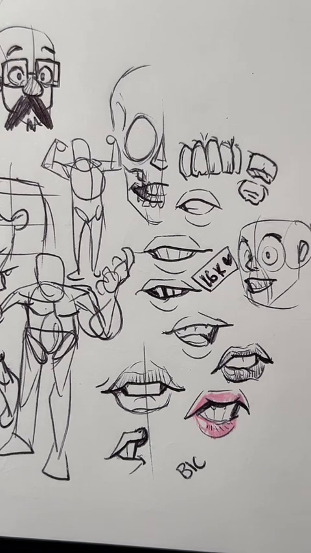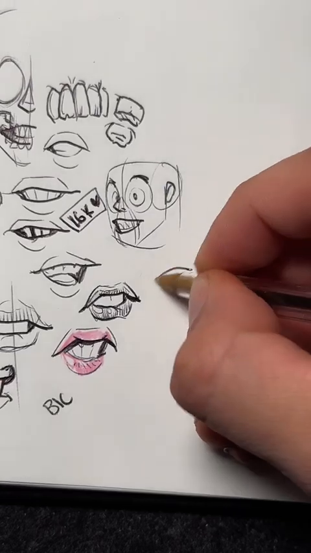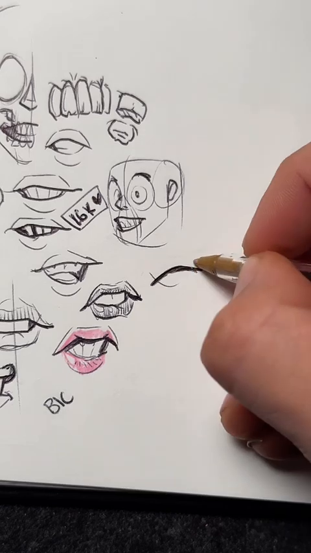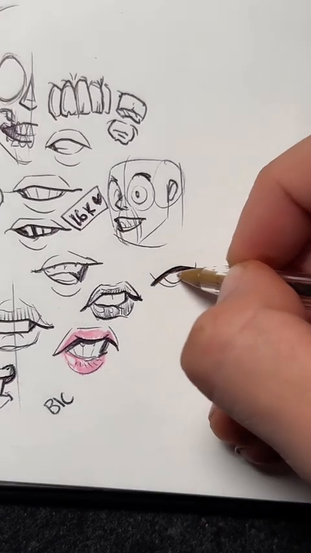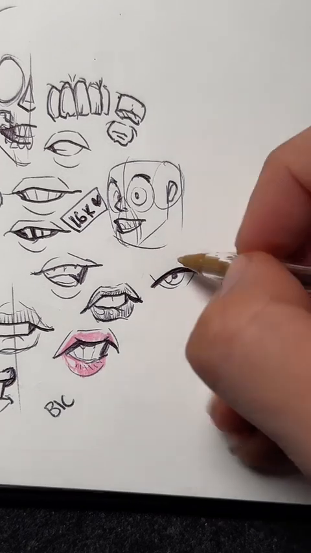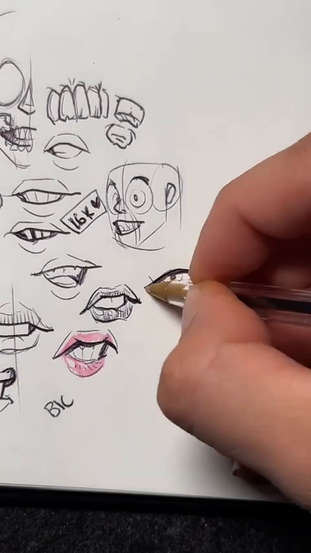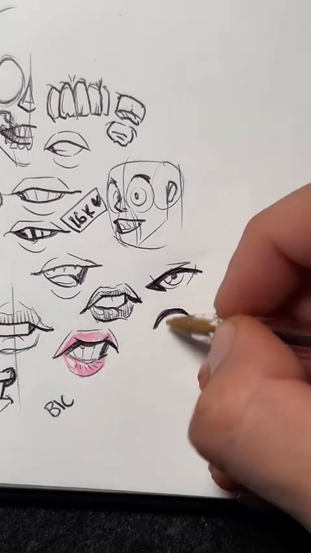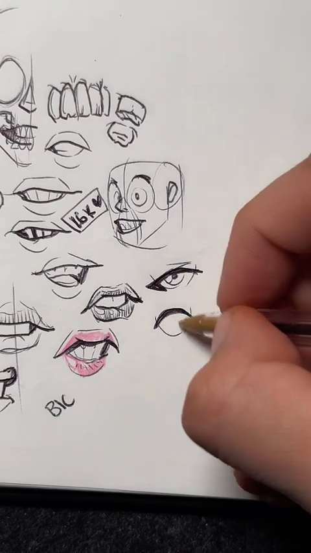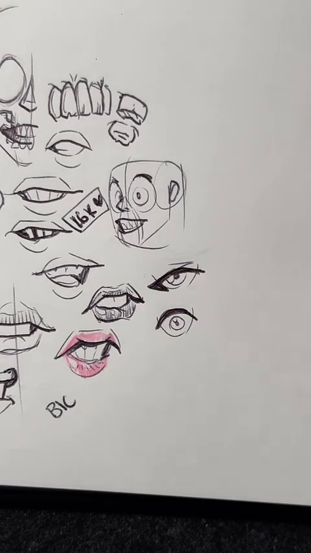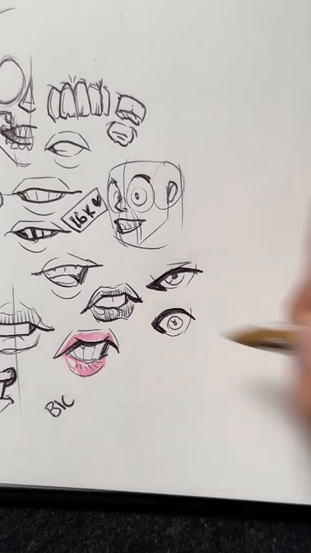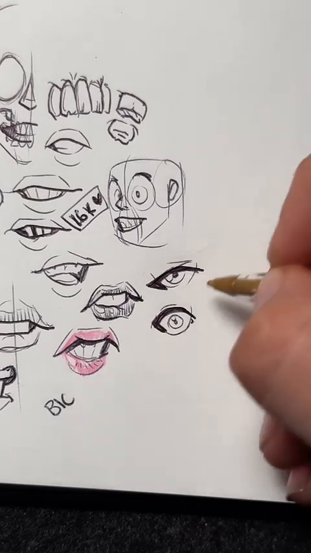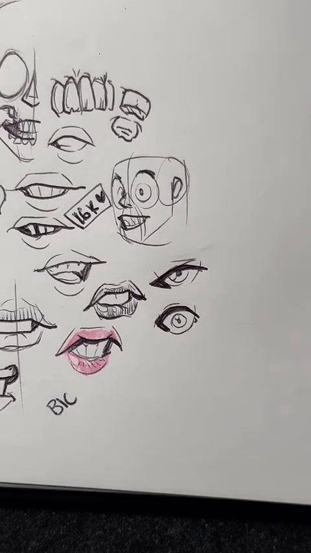We can do eyes and eyelashes. Eyes and eyelashes are very similar to mouths. They're going to be a nice, big, curvy, thick line, a line intersecting it, and then you decide whatever styling you want inside. So, eyes in general are not very difficult. Eyes are going to be a very similar concept to this. A lot of people just overcomplicate the whole concept of eyes because they want to draw them in a very specific way.